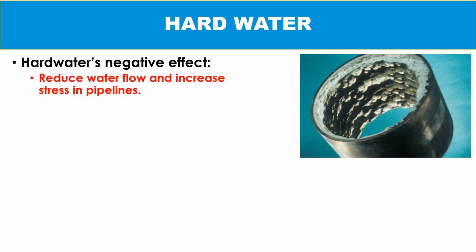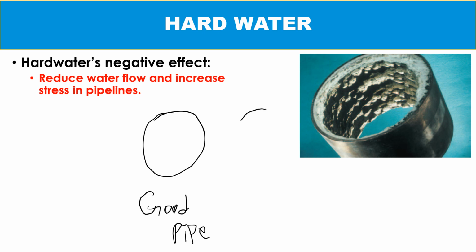In the previous slide, we talked about the surface area going down, which means the volume inside gets reduced too, if you think about it in a three-dimensional way, which means pressure inside builds up. If you think about water flow, how can I put it in a sideways diagram? Imagine this is a cut diagram, a good pipe, and the next one roughly similar, but with some buildup. Like that.